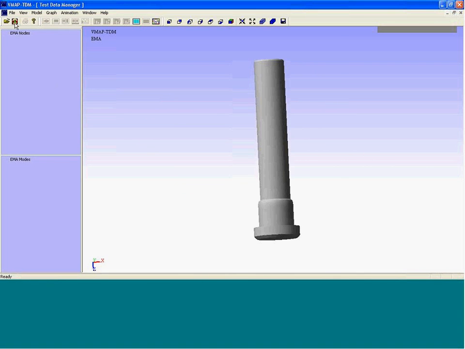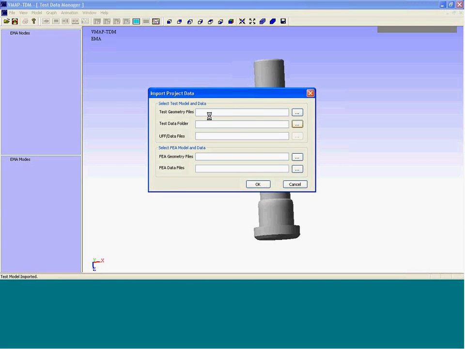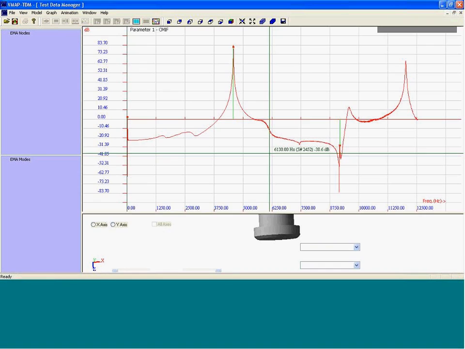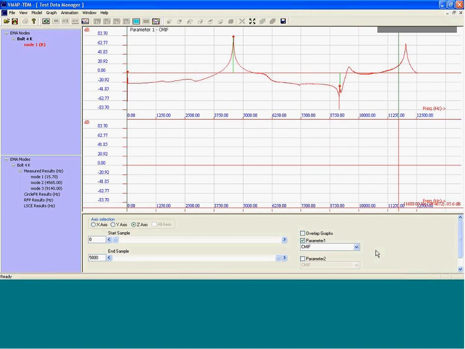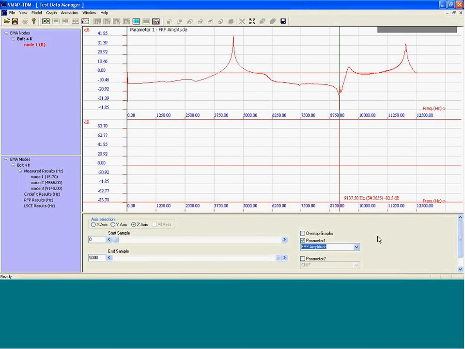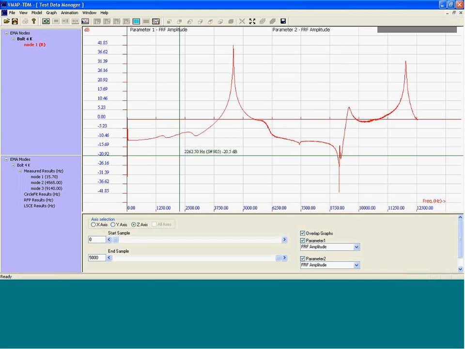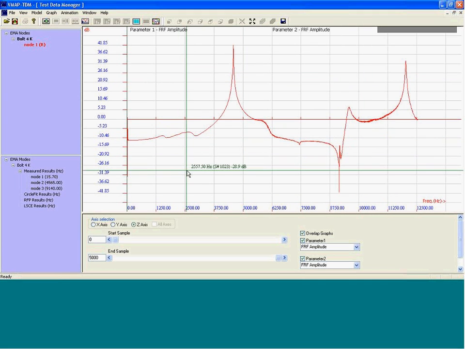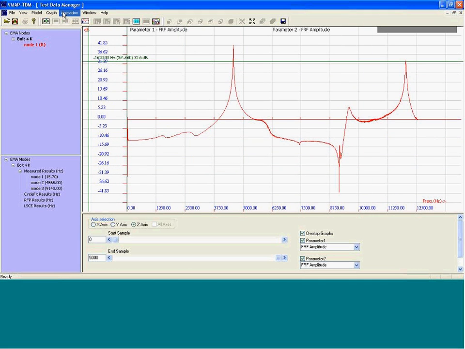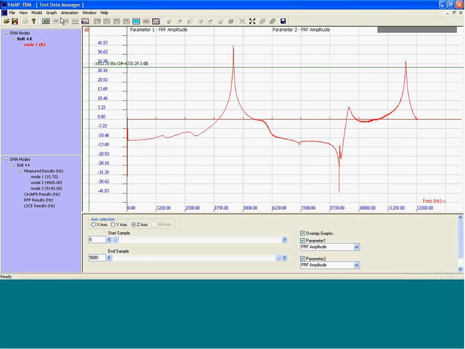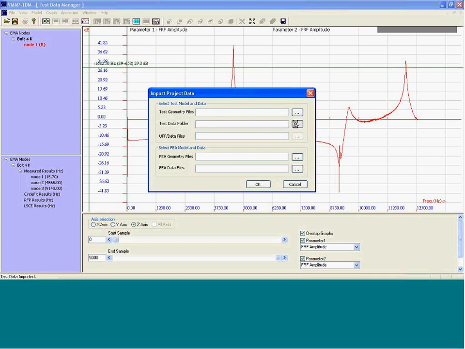We don't have any data here. I want to import the data. So this gives me the mode indicator function, FRF amplitude, FRF. I just want to use the entire view for looking at the FRF alone, the amplitude of the FRF alone. Now this is from one of the tests.